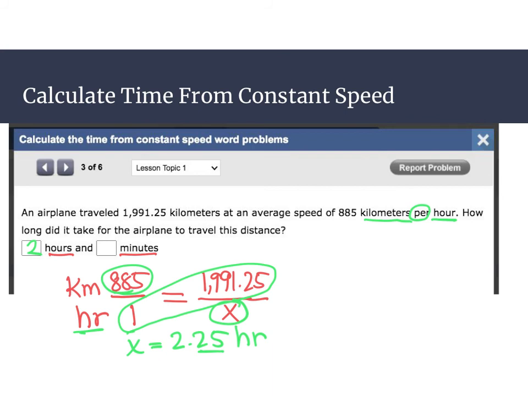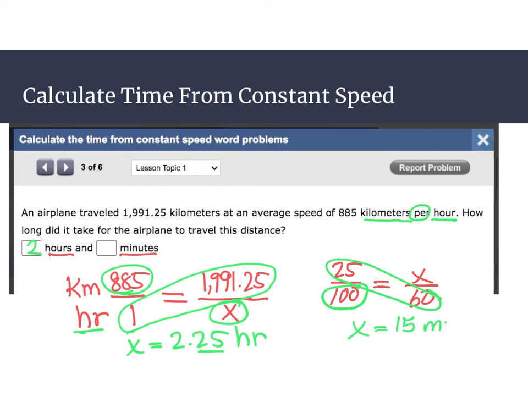Now I'm going to have to convert that 25/100ths of an hour into minutes. Remember, I showed you this quick conversion. If I had 25 out of 100, how many minutes would that be out of 60? I would cross multiply: 25 times 60 divided by 100, and I get x equals 15 minutes.